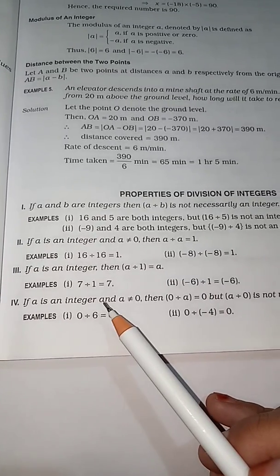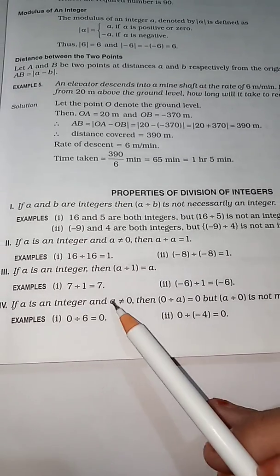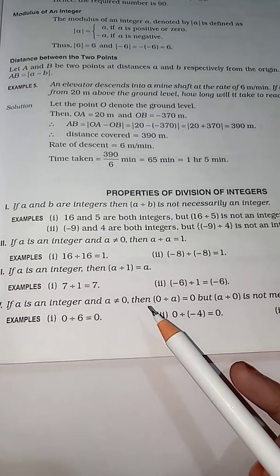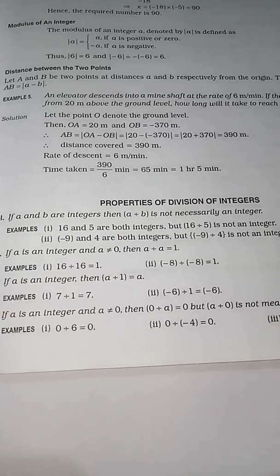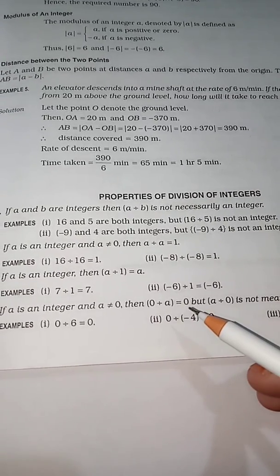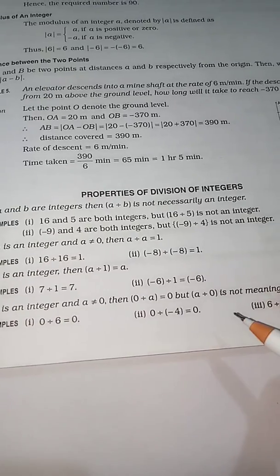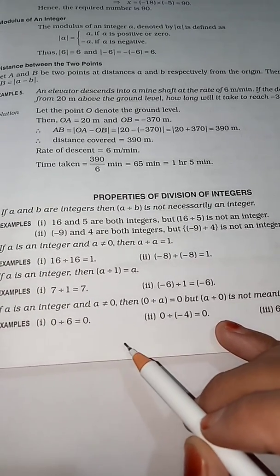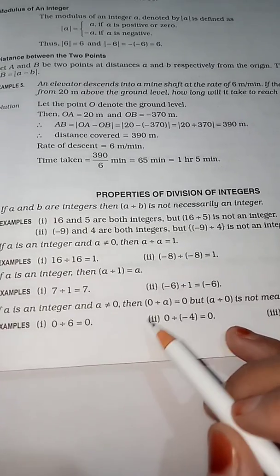Then if you have an integer a, and a is not equal to 0, and you divide 0 by that integer, then you will get the answer 0. For example, 0 will be the numerator and any denominator 5, 3, 4, 2, 1, any, the answer will always be 0.